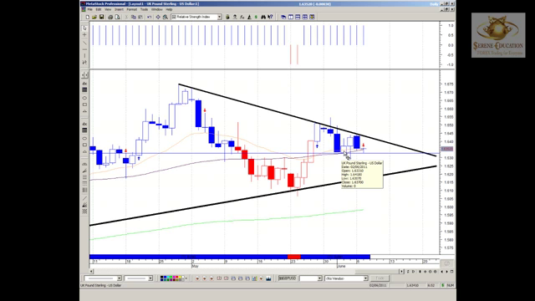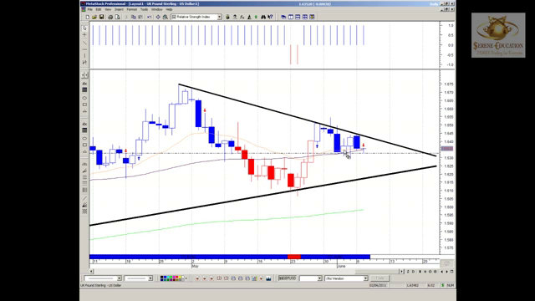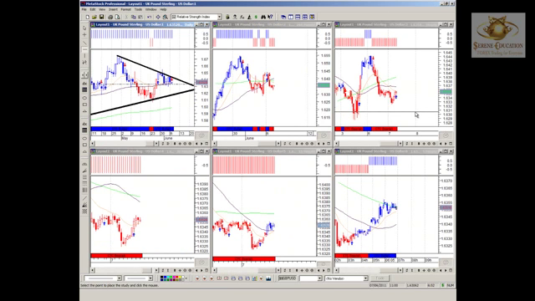But a close on a daily time frame lower than this candle here at 1630.70 would definitely give us an opportunity for possible shorting opportunities for the remainder of this week, if and when it closes lower than this candle here. So intraday, make a note of that. There we go.